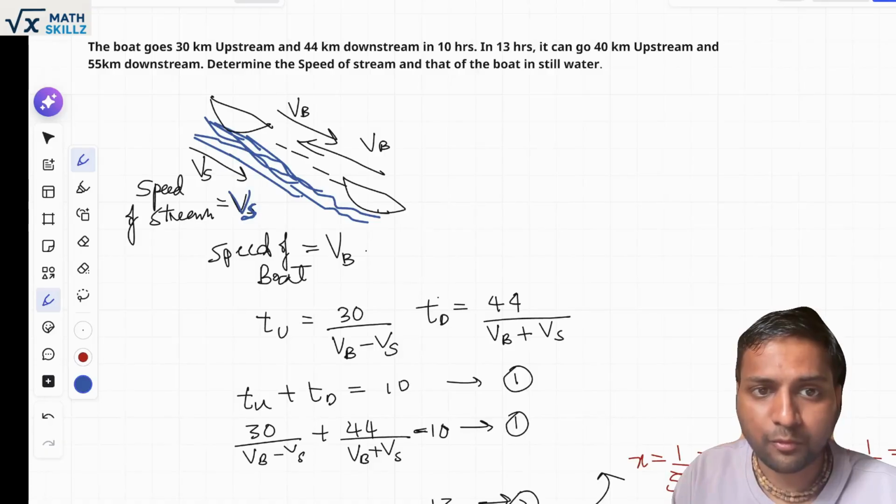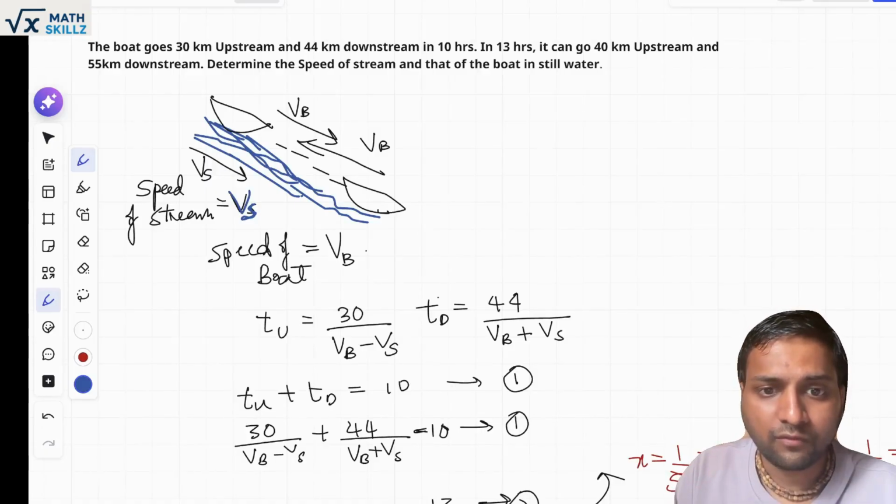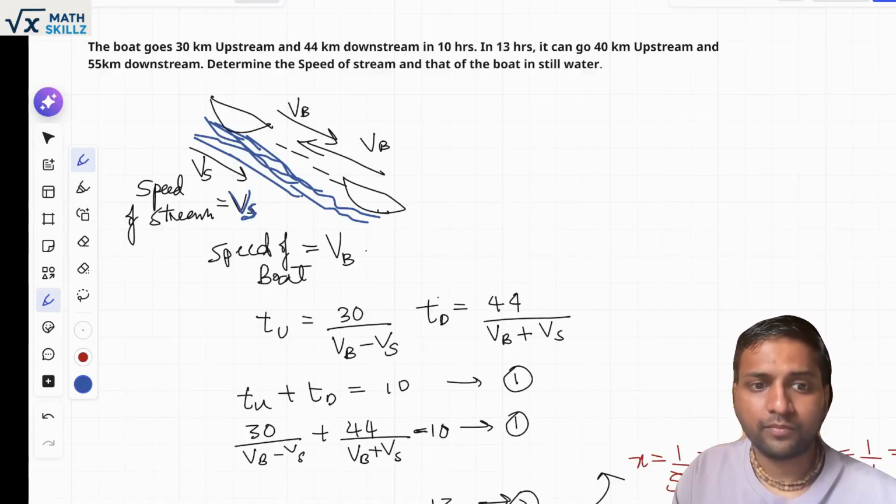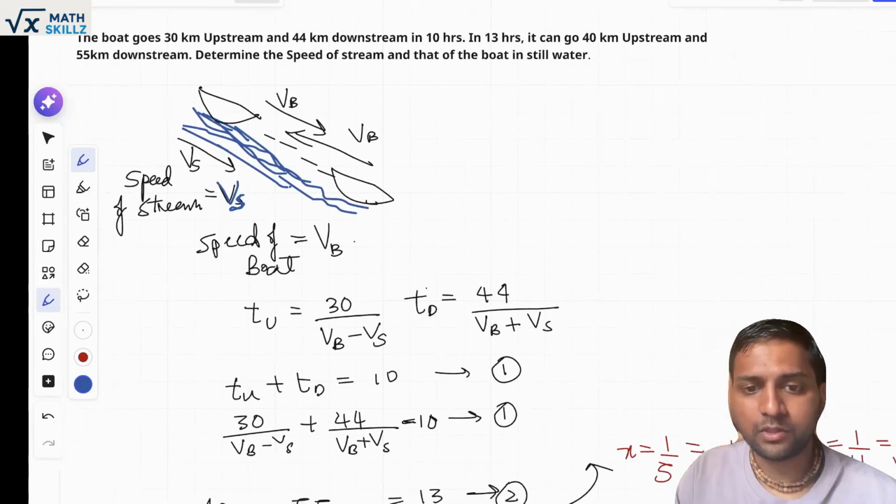The speed of the stream is in the opposite direction, so Vb minus Vs. For downstream, both the speeds get added up, so Vb plus Vs is the denominator, and the distance is 44. The total time for upstream and downstream together is 10 hours. So 30 by Vb minus Vs plus 44 by Vb plus Vs equals 10. This is the first equation.